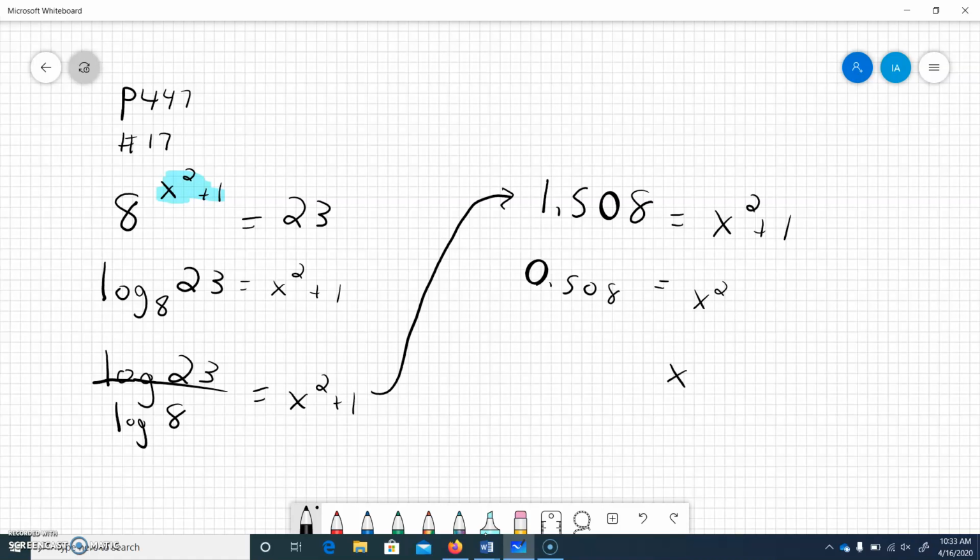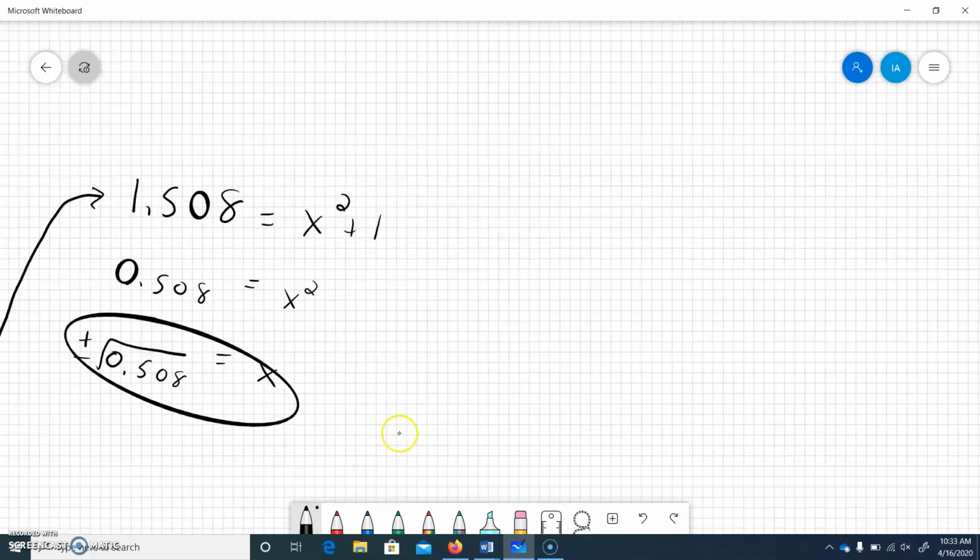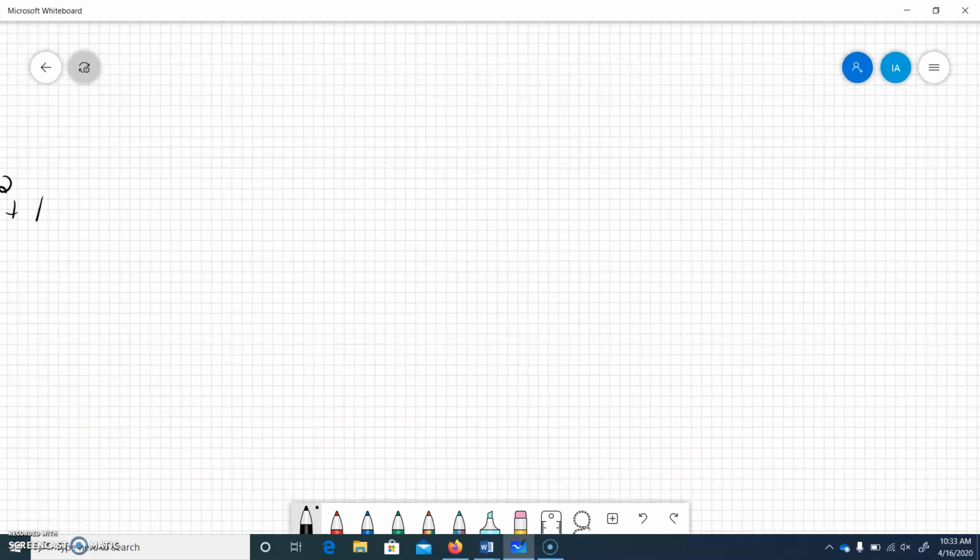And then I can take the square root. Anytime I take the square root of x squared, I get a plus or minus. So whatever this gives me should be my answer. There's my answer. I can put it in the calculator.